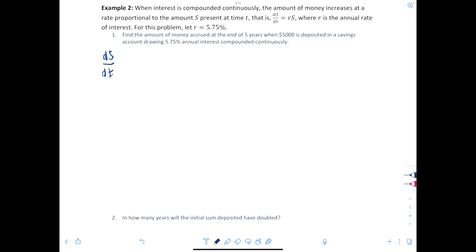The instantaneous rate of change of the amount present in the account, with respect to time, is r times s. Getting this into linear form, we have the variables s and t. So this would be ds/dt plus negative r times s is equal to 0.